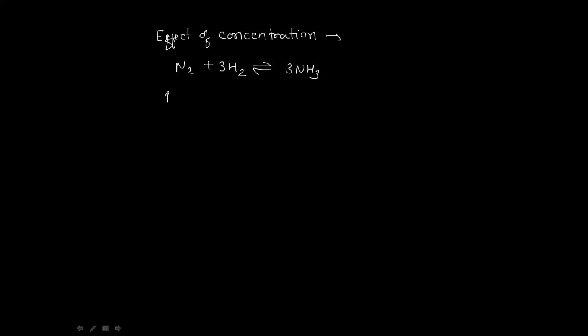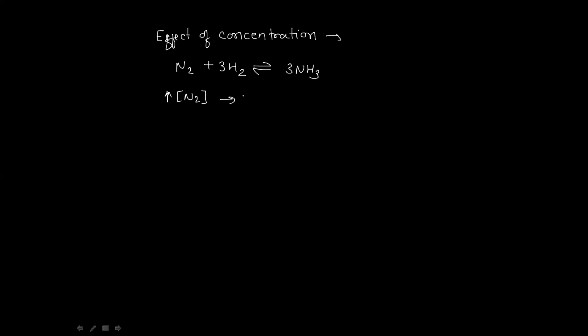Suppose I increase the concentration of nitrogen. Now what will happen? Equilibrium is disturbed. What will it do? If the nitrogen concentration is increasing in the reactant, it will shift its concentration to the ammonia. That is, it will increase the concentration of ammonia too.